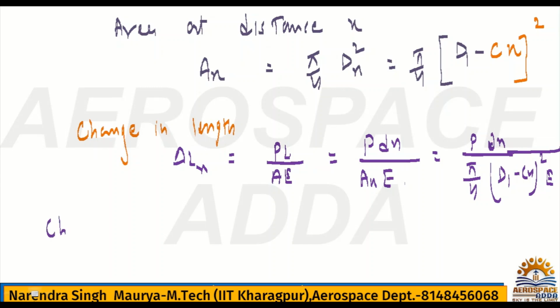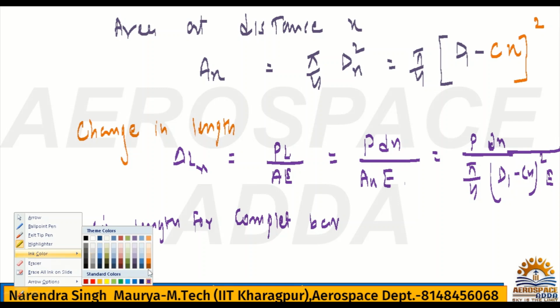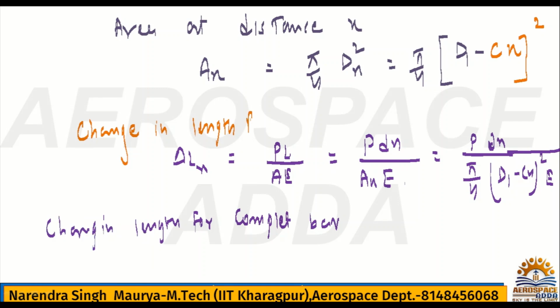I can write here, change in length for complete bar. Because whatever change in length you have written here is for the small element. And what was the element? It was the dx element, right?